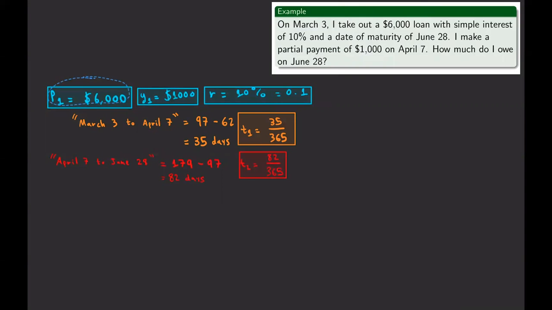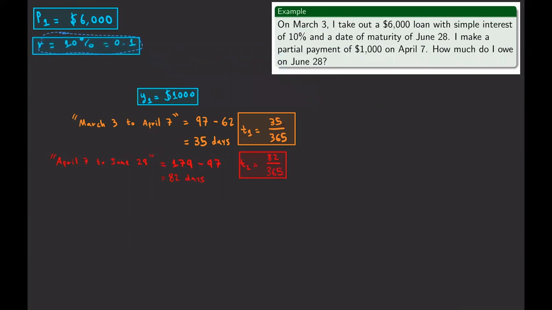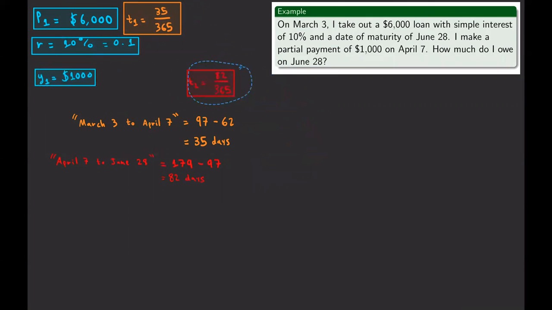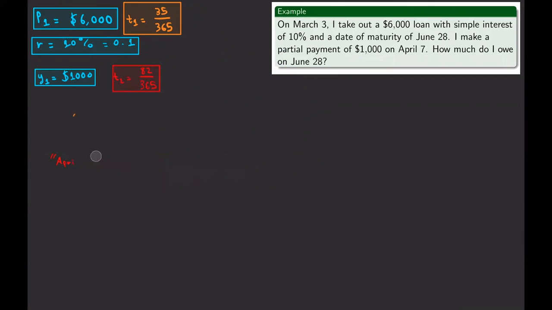All right. So we got our P1. We've got our R. We've got our T1 here. We've got a Y1. And we've got a T2. We'll go ahead and erase this. We already did those calculations.